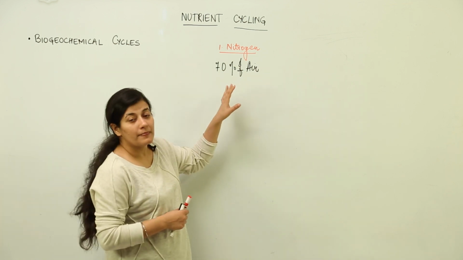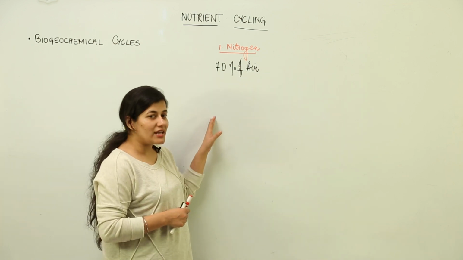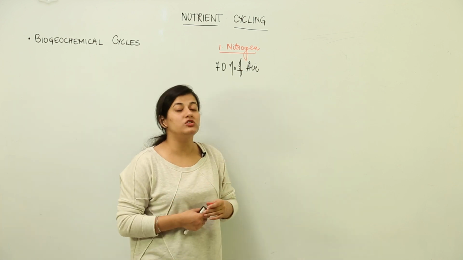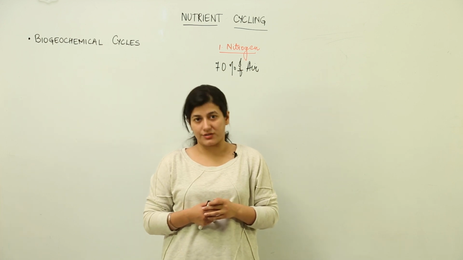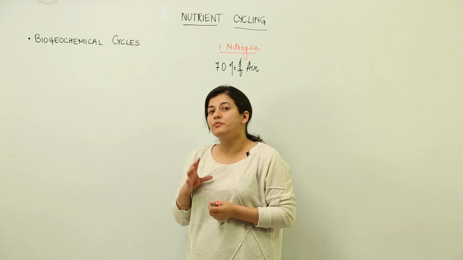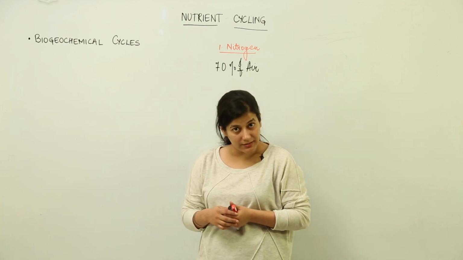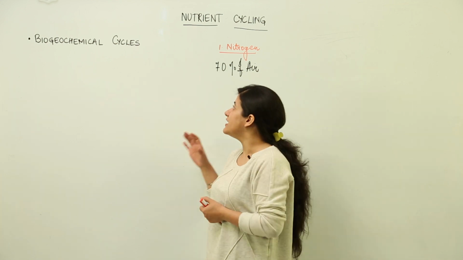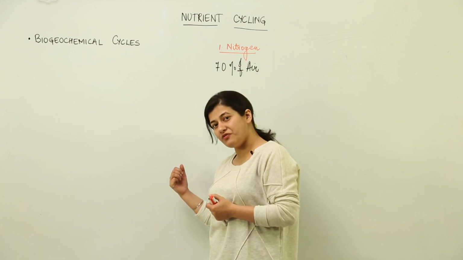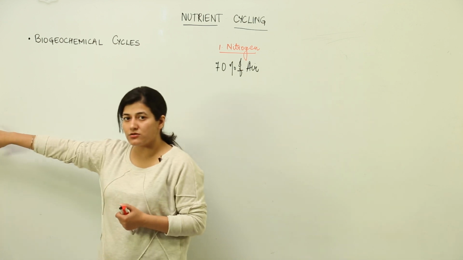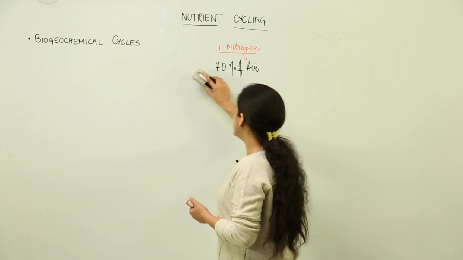So the nitrogen has to get incorporated into the ecosystem by a complex mechanism undertaken by prokaryotic cells. It is only the prokaryotic cells which have the nitrogen fixation mechanism that enables the fixation of atmospheric nitrogen into the soil. And when it has entered the soil, it is very easy for plants to take it up.